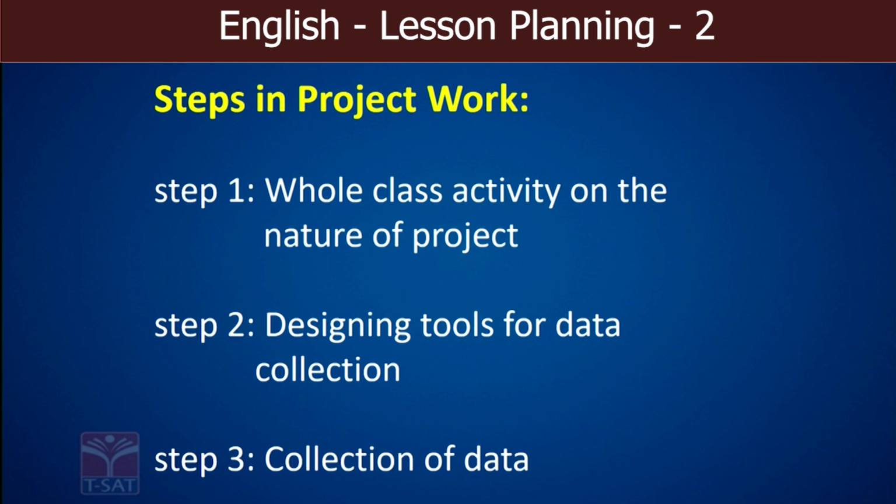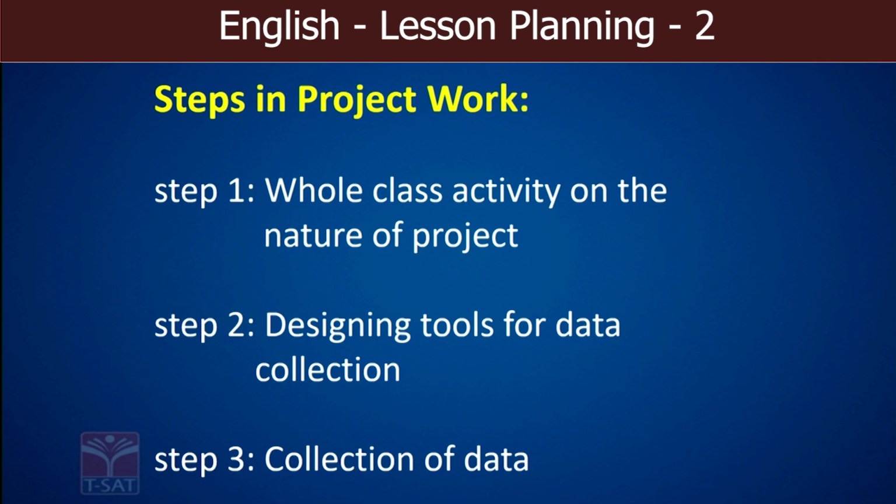Once it is clear, the next step is designing tools for data collection. To achieve that project, to get the result of that particular project, they have to prepare certain tools for data collection. Tools can be in the form of a questionnaire, or an interview; we follow different types of tools to collect data.